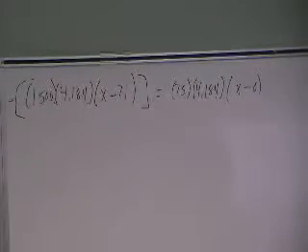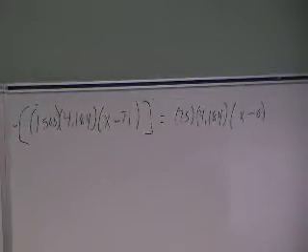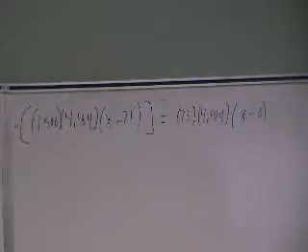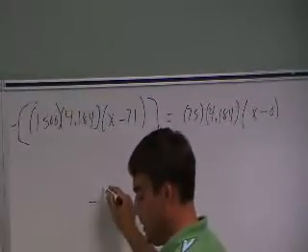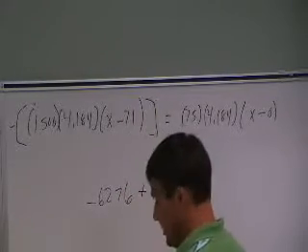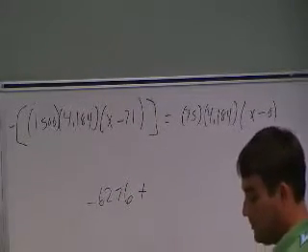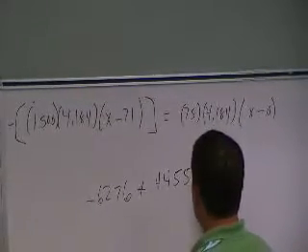Negative 1,500 times 4.184. All right. Negative 6276 plus 445596.